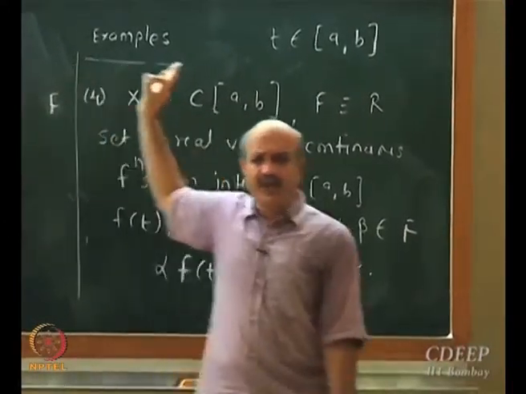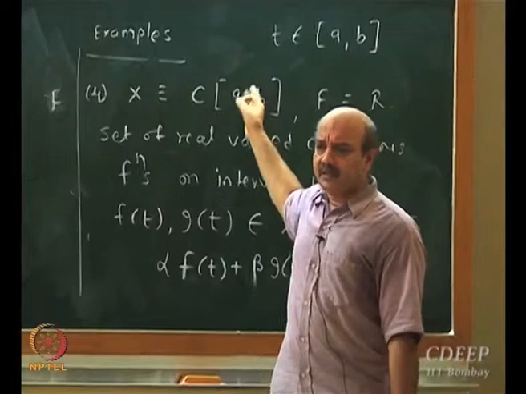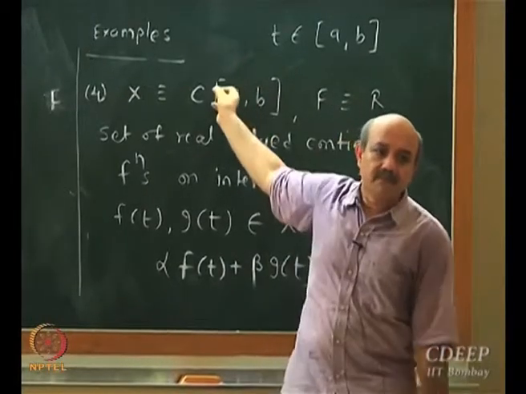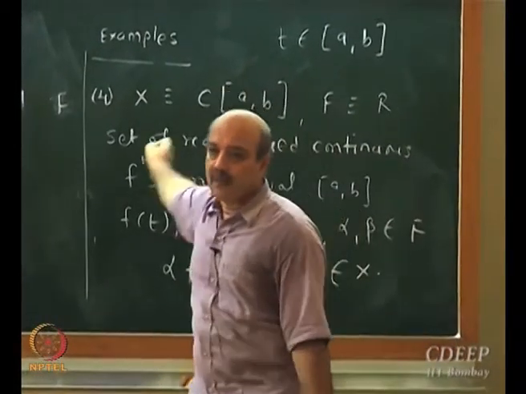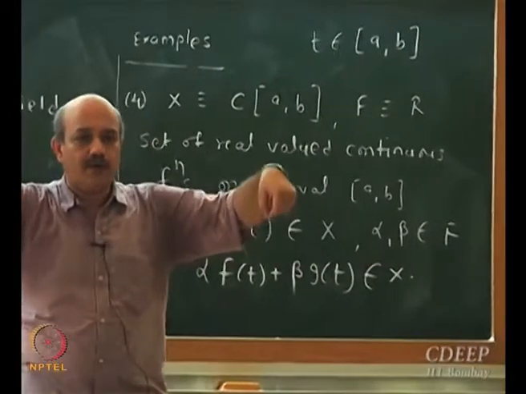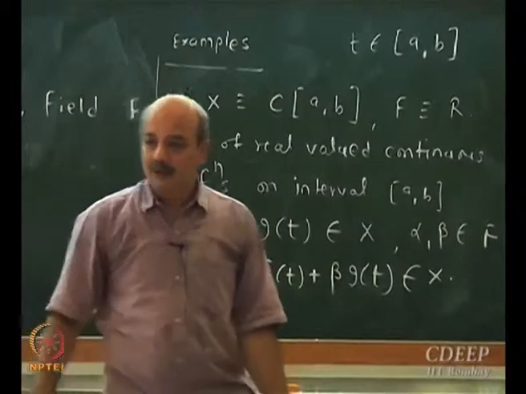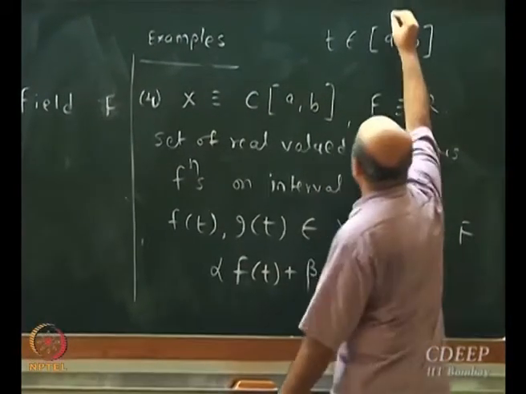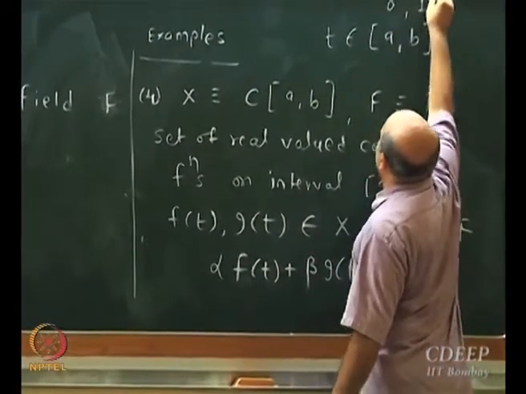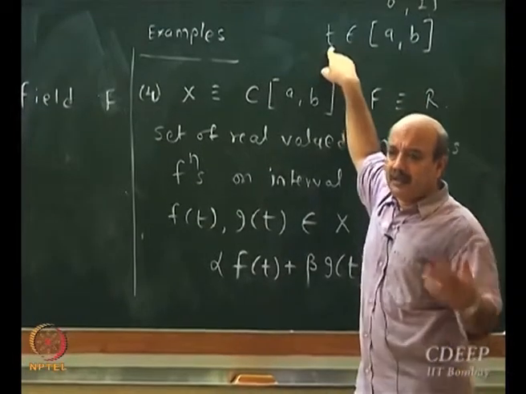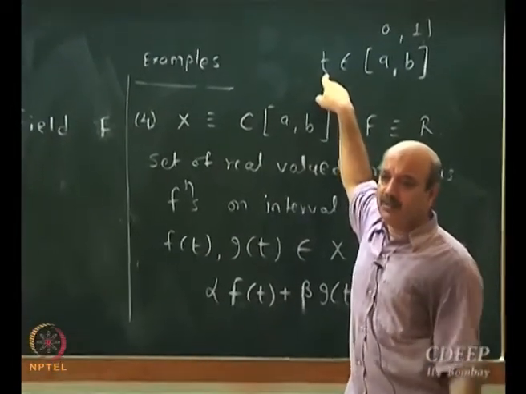Well, do we get this kind of function in chemical engineering? Think of a temperature profile in a heat exchanger. My interval would be 0 to 1. Well, it will not be time. Don't associate t with time, it could be space.